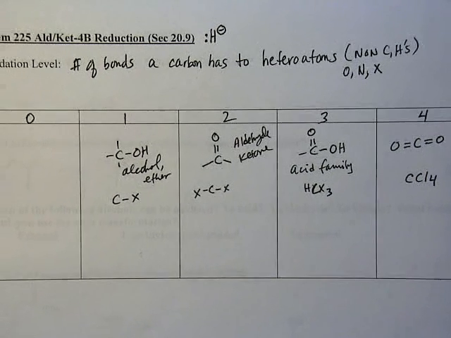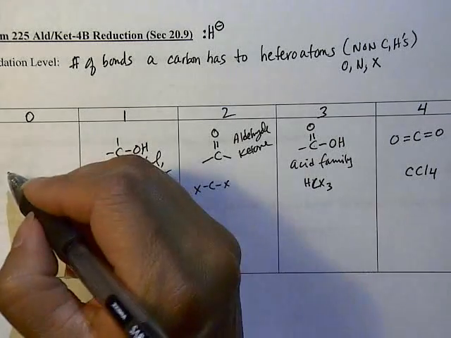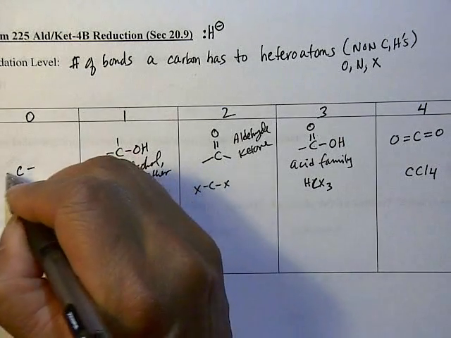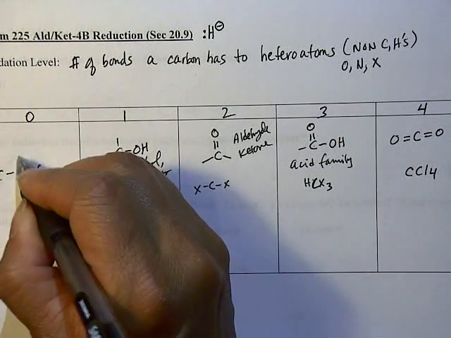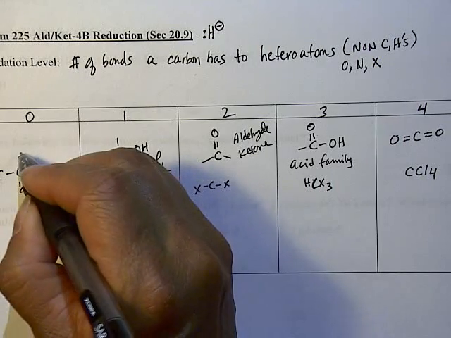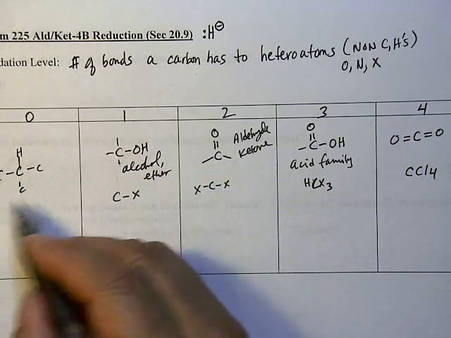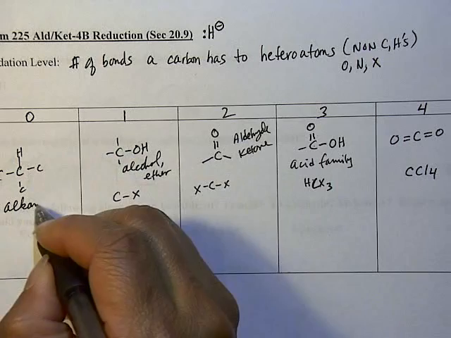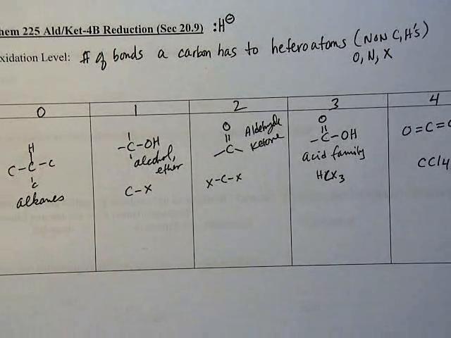So that means that oxidation level 0 is going to have basically alkanes. So this carbon that we're looking at, if it has hydrogen or carbon, is going to belong to oxidation level 0. Those are alkanes. All right.